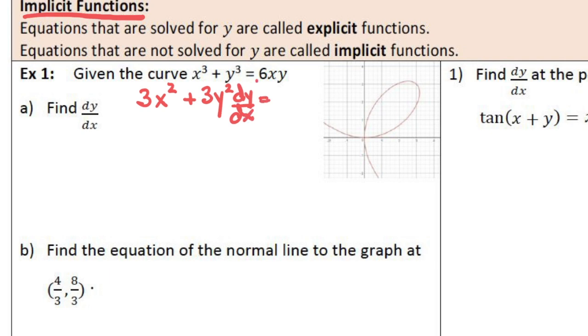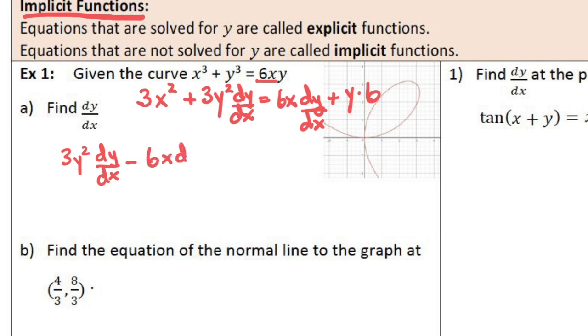Now remember to recognize a product rule. So you have your first times the derivative of the second, which is dy dx, plus the second times that derivative of the first. Now since we're specifically told to find dy dx, you want to isolate the dy dx. If you were told to just find a value, you could do the substitution first and then figure out your dy dx.